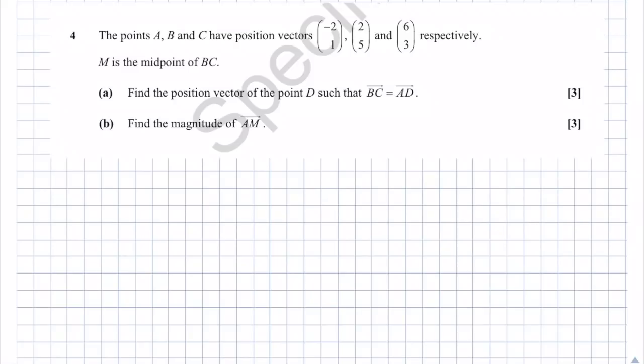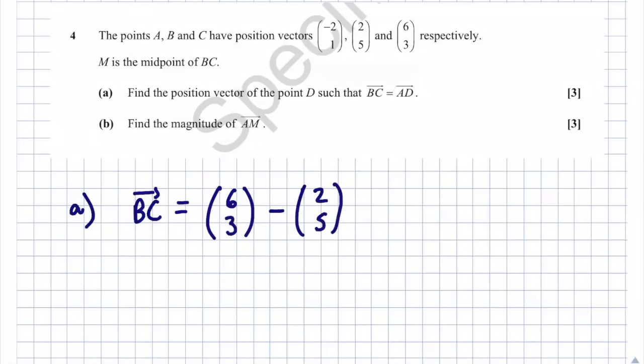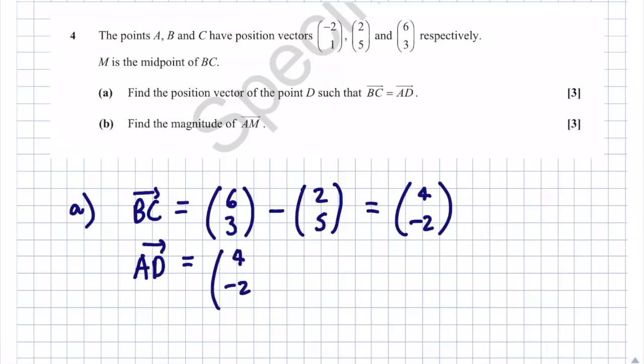The first thing we can work out is the vector BC, from the position vectors of B and C. The vector BC is the position vector C, which is (6, 3), minus the position vector of B, which is (2, 5). That simplifies to (4, -2). Now we know the vector AD is also equal to (4, -2).